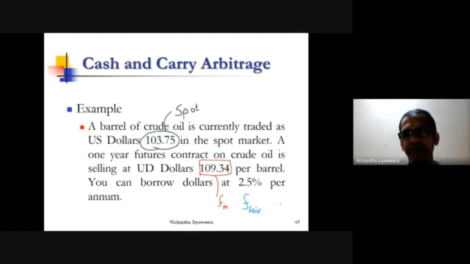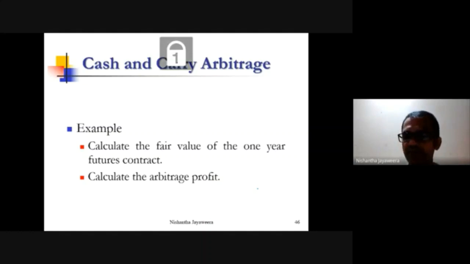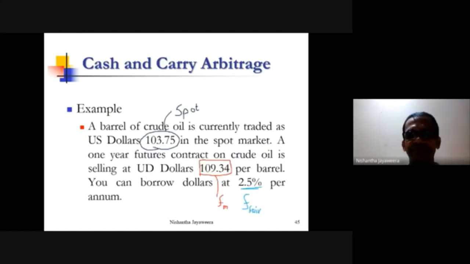So what are the information given here? Just the interest rate. So then you can decide, okay, in this only the cost of funds is the cost. I have not given any storage cost or insurance cost or anything here, just to make it simple. Calculate the futures fair value and compare it with the market value.